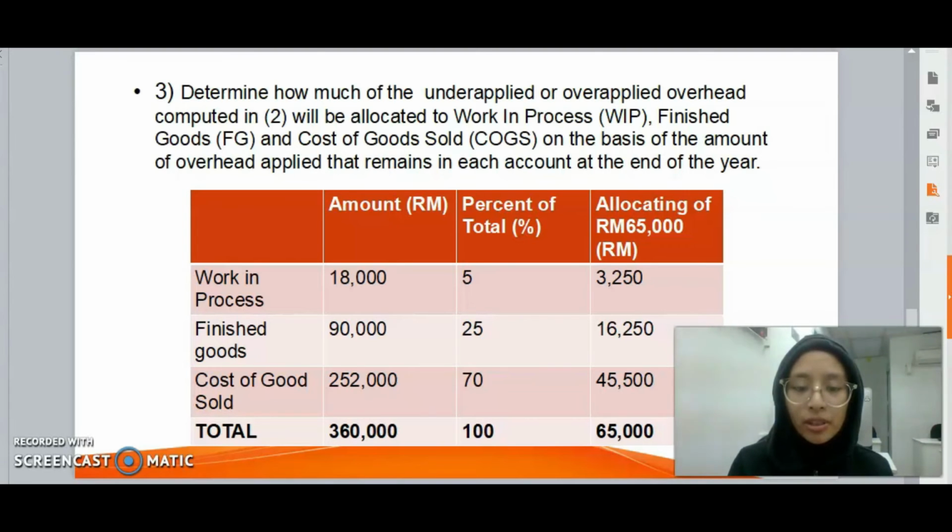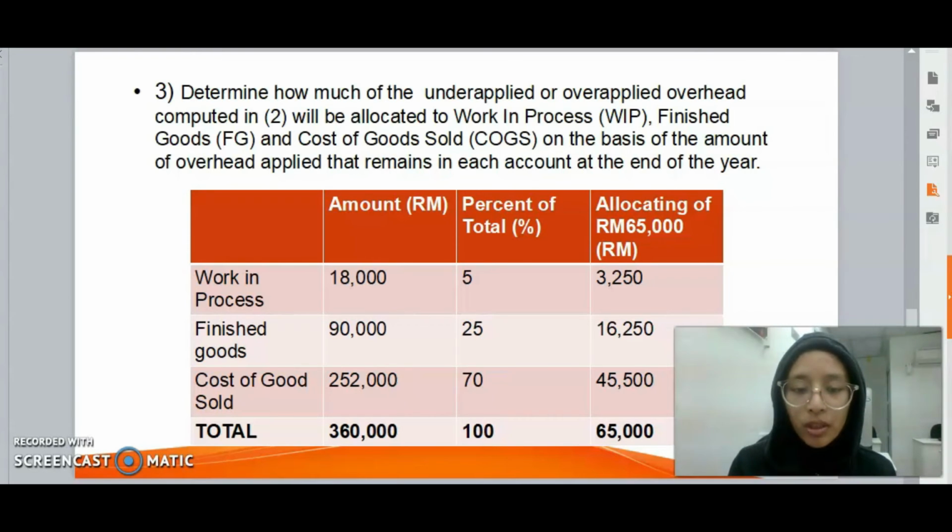So we will get the percent of total for work in process, which is 5%, and we will allocate 65,000 from the underapplied overhead. So we will get the underapplied for work in process, which is 3,200.